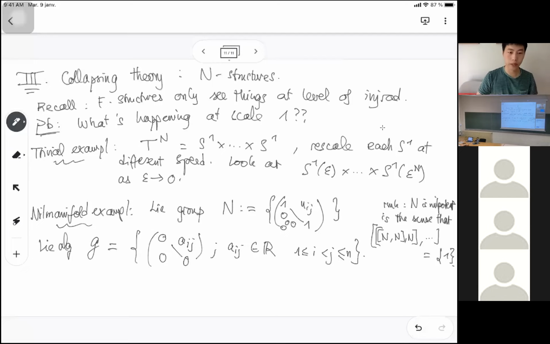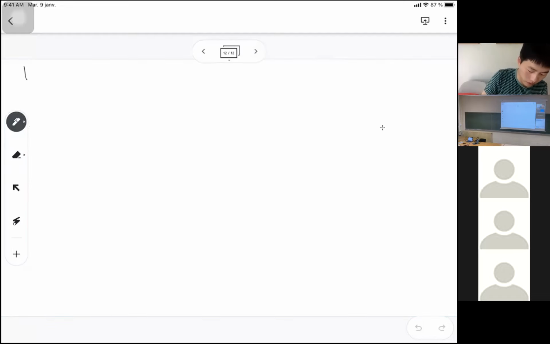Let's define a metric for this Lie algebra g. For A in the Lie algebra, you look at the following metric that is going to depend on a parameter delta.